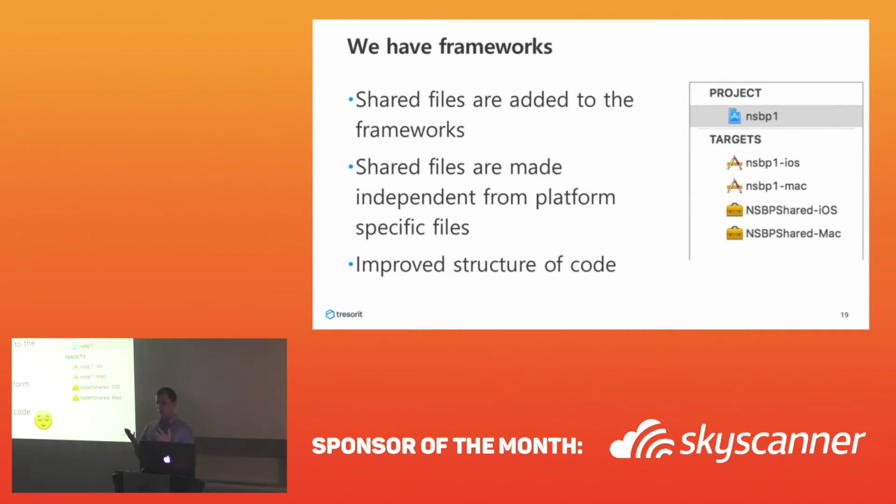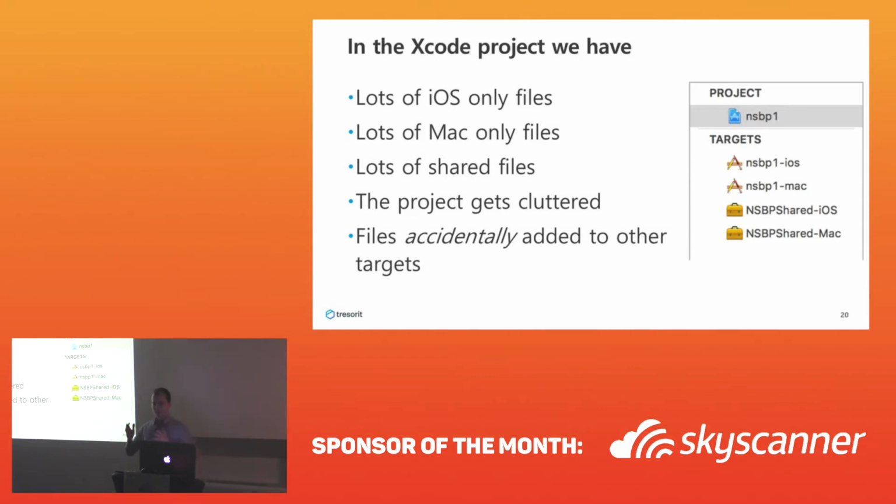but you feel this is not quite right. You raise your hands, you don't like this, so okay, there are things you can improve. In the Xcode project, we have a lot of iOS-only files, Mac-only files, and a lot of shared files. The project is cluttered with these files. A lot of files only relevant to 1 or 2 targets.